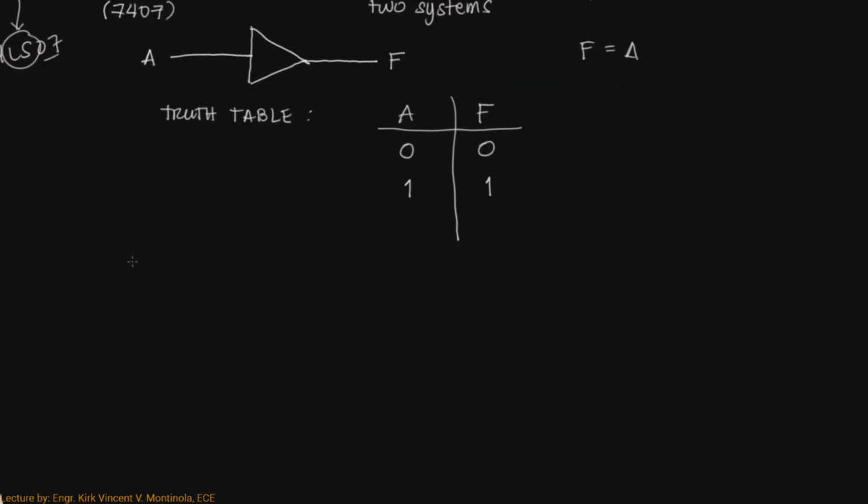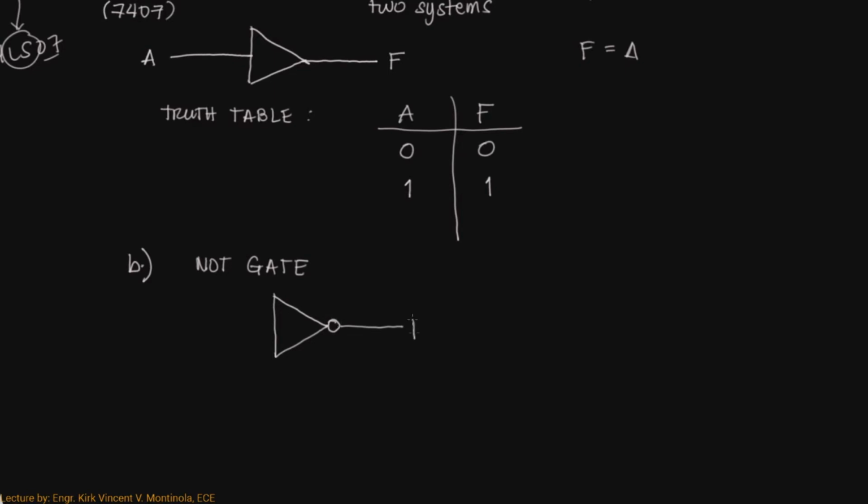And then letter B, we have the NOT gate. Okay, so the symbol for NOT gate is a buffer gate with just a bubble.